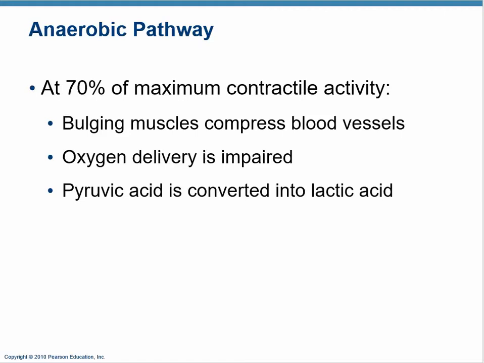So the anaerobic pathway is used when we can't deliver oxygen quickly enough. And the byproduct is lactic acid. Now, oftentimes when a muscle is being used, it actually blocks the delivery of oxygen through the blood vessels, because the bulging muscle actually blocks the blood vessels.